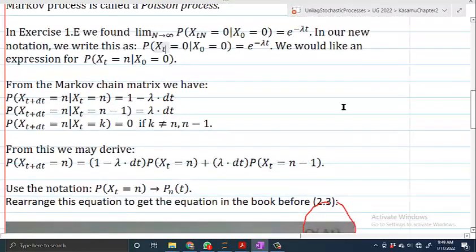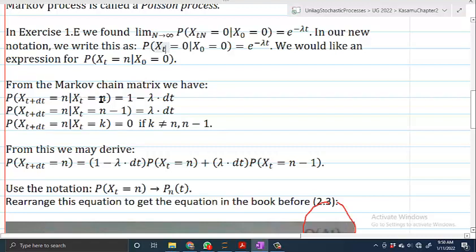All right. Now, there is no other transition possible. If at time t plus dt, the process is in state n, then at time t, the process must have been either in state n or state n minus 1. It could not have come from another state. So there are only two possibilities for xt.